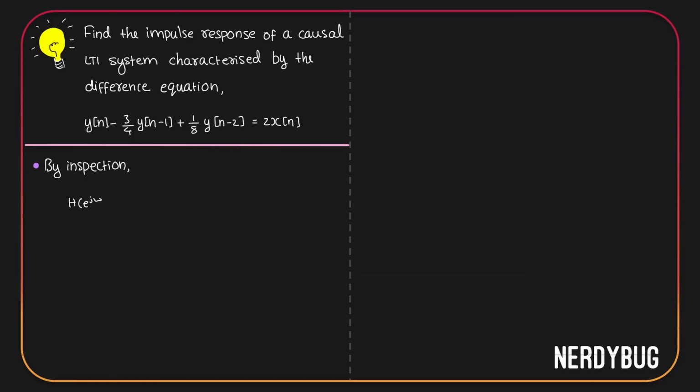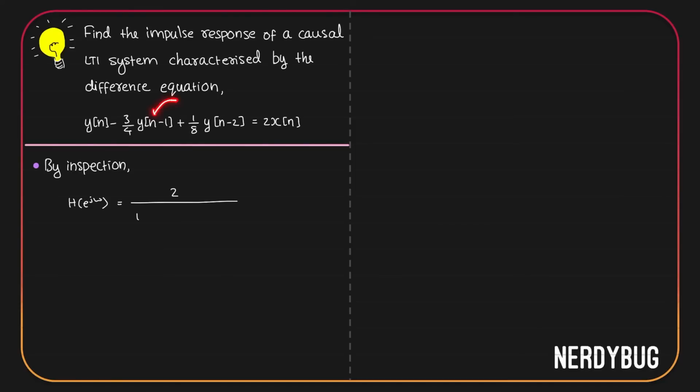Frequency response h of e raised to j omega will be, on the right hand side we simply have 2x of n. X of n corresponds to k equal to 0. So e raised to j k omega is just 1. Coefficient is 2. So we get 2 divided by, for y of n the coefficient is 1. So 1.